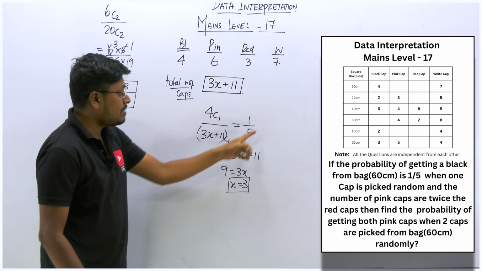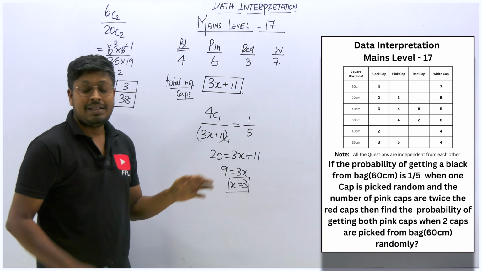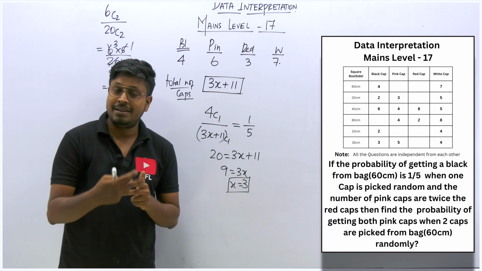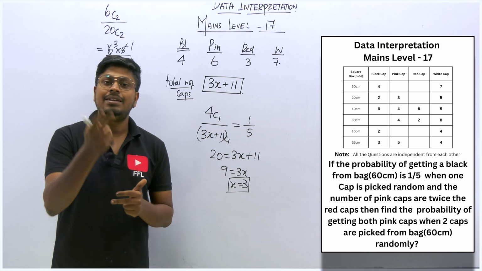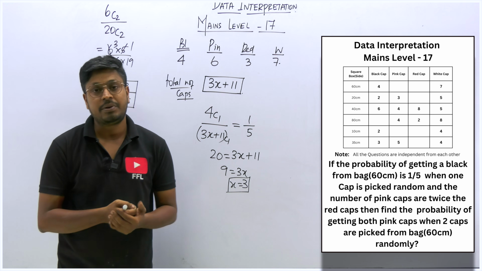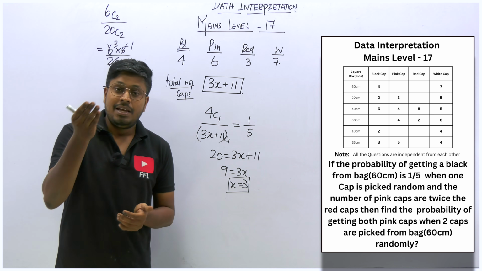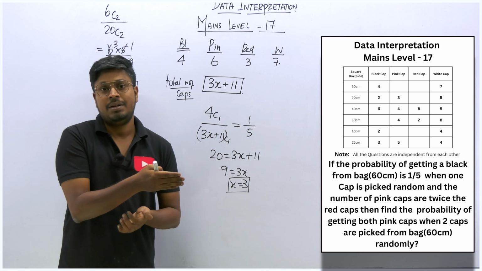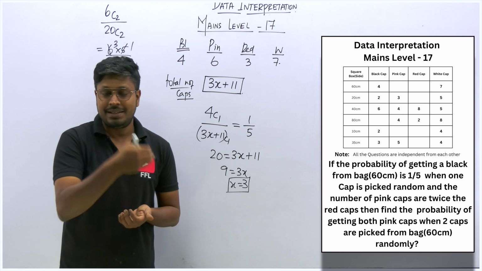So instead of framing this equation, if you are making a mistake, then try to learn how this equation comes, right? That's the reason I'm repeatedly saying write the test first, and if you got 5 out of 5, this video is not needed for you because you already know all the concepts. But if you are scoring only 2, then you lack the basics of probability.